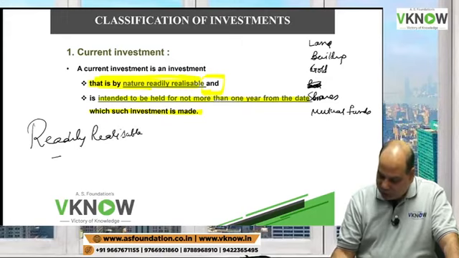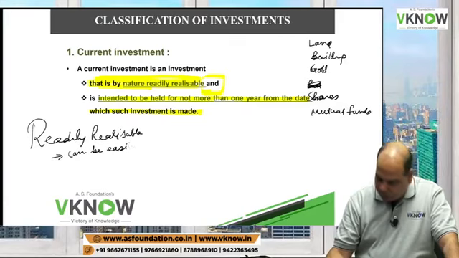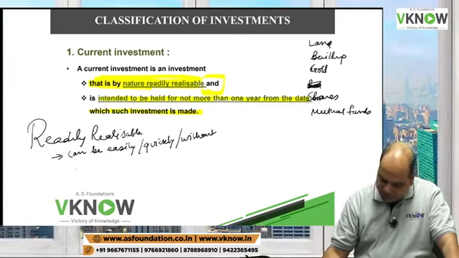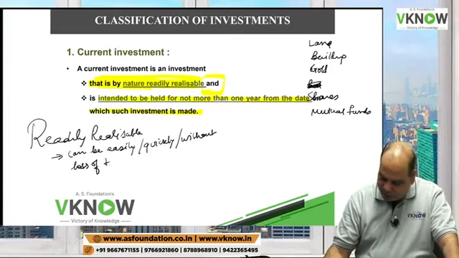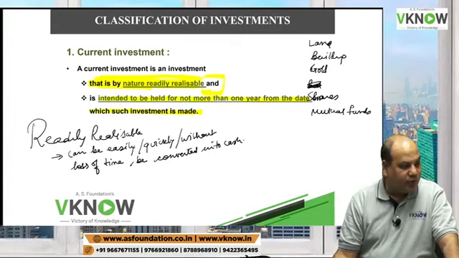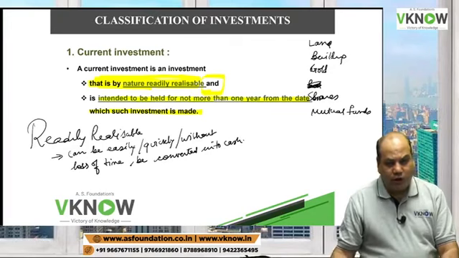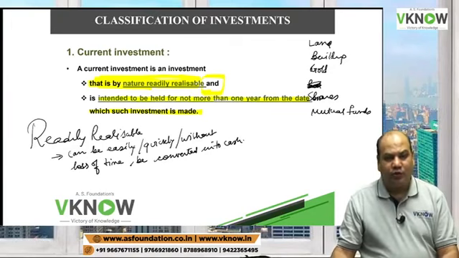So readily realizable means can be easily, quickly, or without loss of time, be converted into cash. That is the meaning of readily realizable. Okay, which can be converted into cash in a short period of time.